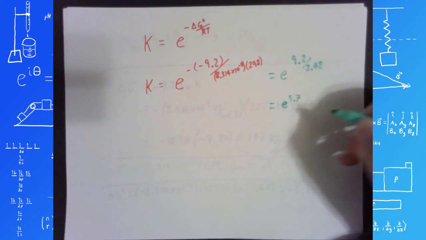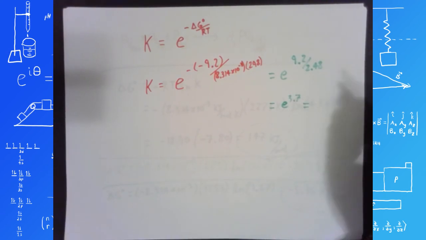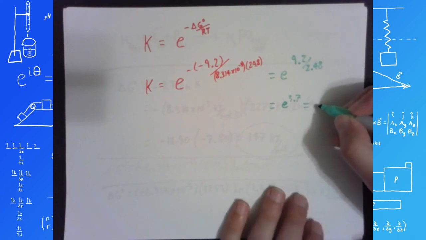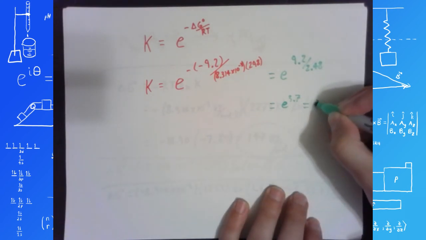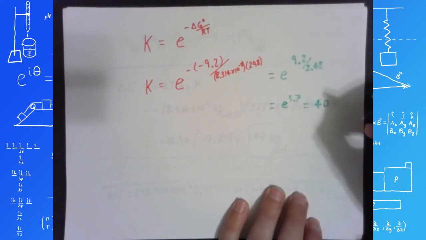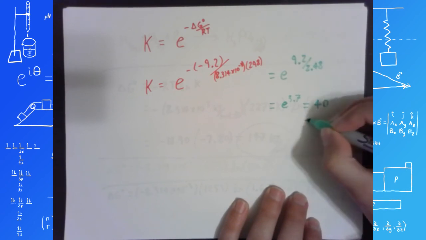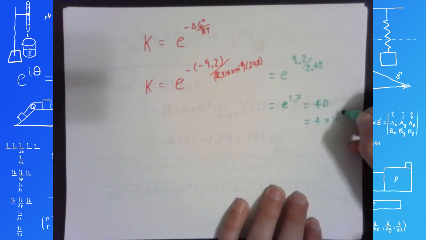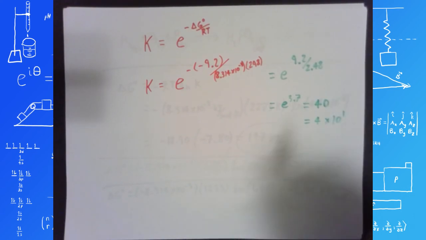One decimal place means 1 sig fig. So e to the 3.7 is going to be 40, or 4 times 10 to the 1, to show that it's got only 1 sig fig.